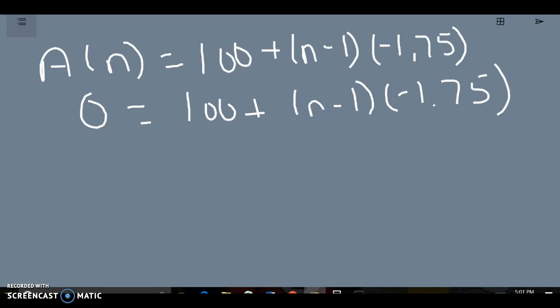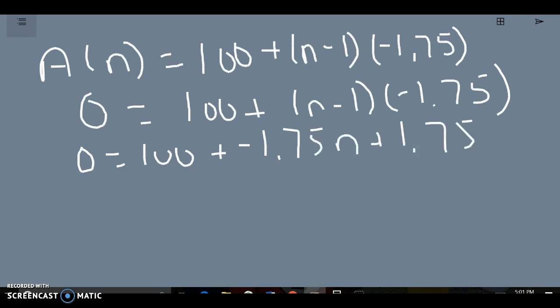And so I'm going to use my distributive property. So 100 plus negative 1.75 n plus 1.75. And I add those together, so I get 101.75 minus 1.75 n.